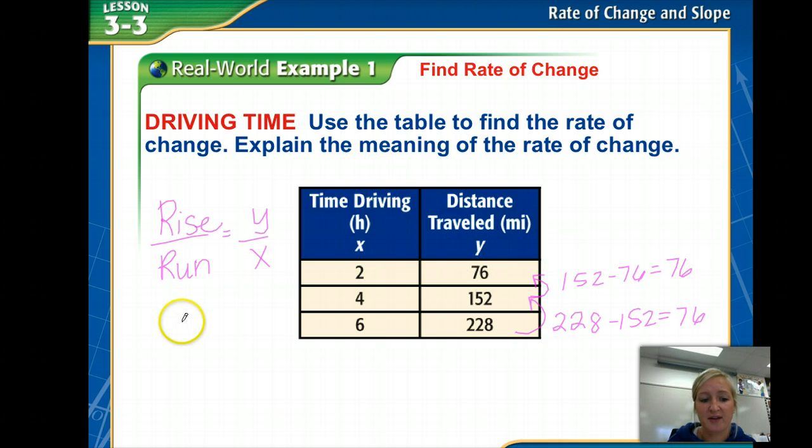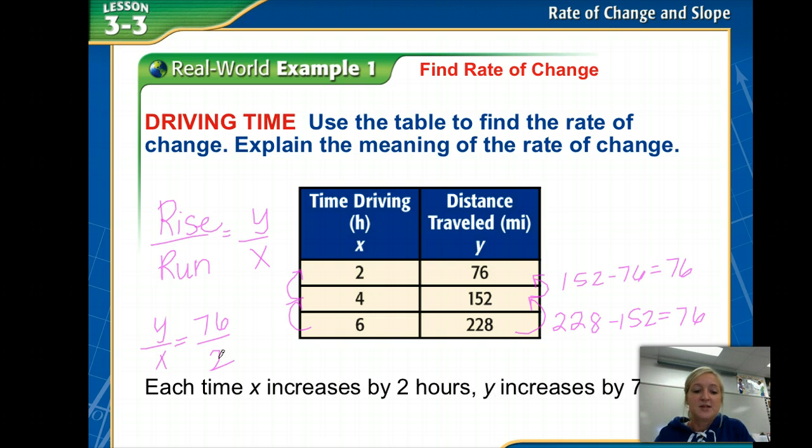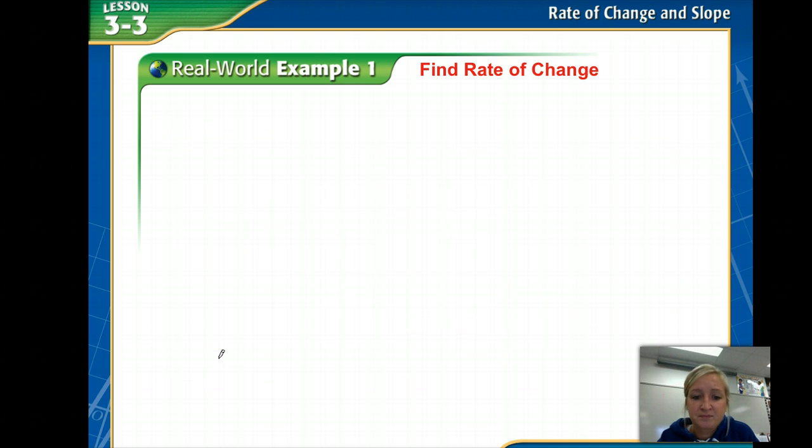So my change in y is 76, and my change in x, 6 minus 4 happens to be 2, and 4 minus 2 happens to be 2. So each time x increases by 2 hours, y increases by 76 miles.